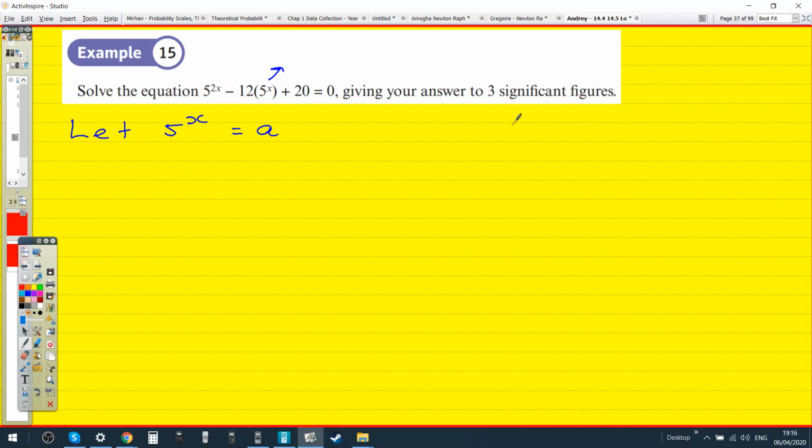5 to the 2x. How could you write that in terms of 5 to the x? That's 5 squared times 5 to the x. Yes. And so that's the same as 5 to the x squared. Yeah. And so rewrite this in terms of a.